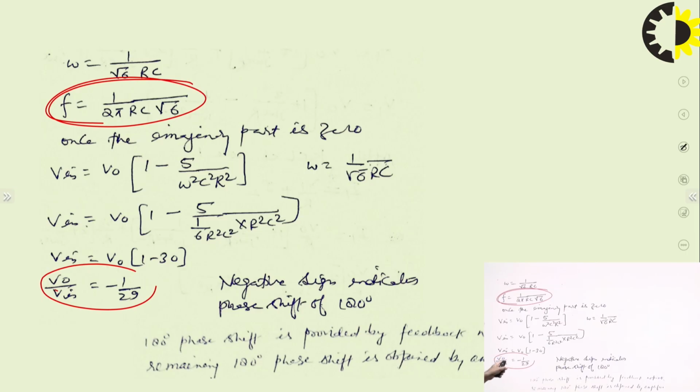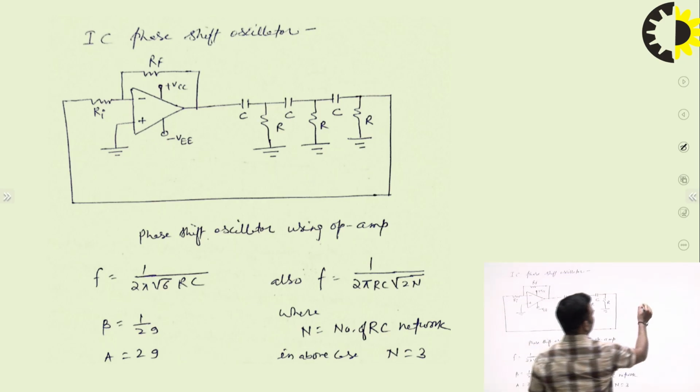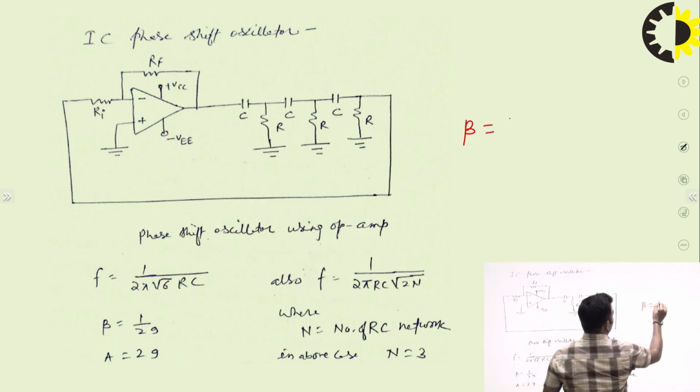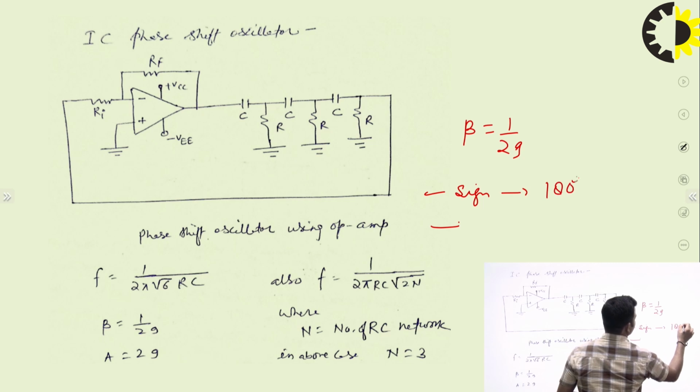No, this is the output of the feedback network, for the input of the feedback network. That means it is minus 1 upon 29. That means the feedback factor is 1 upon 29. That means beta is equal to 1 upon 29, and the negative sign means a phase shift of 180 degree.